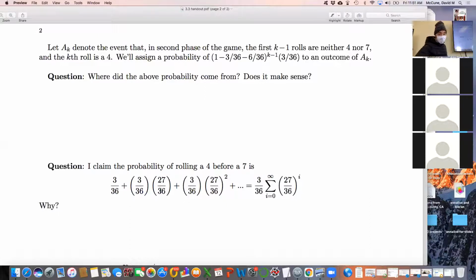Maybe it'd be easier if these were swapped in order. Multiplication doesn't care. But this is like, I missed once. This is 36 over 36, but you take out the 6, you take out the 3. That's just this number here. So this is like you get your 4 immediately. This is like you get your 4 after a single miss, 4 after 2 misses, 4 after 3 misses, and so on off to infinity. That could happen as many times as you want.